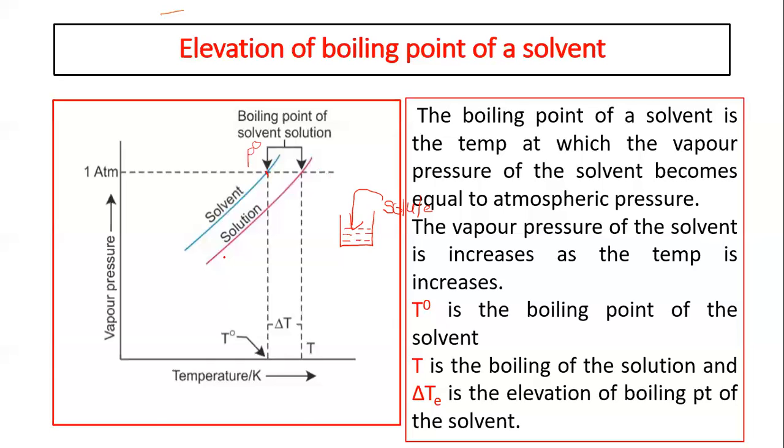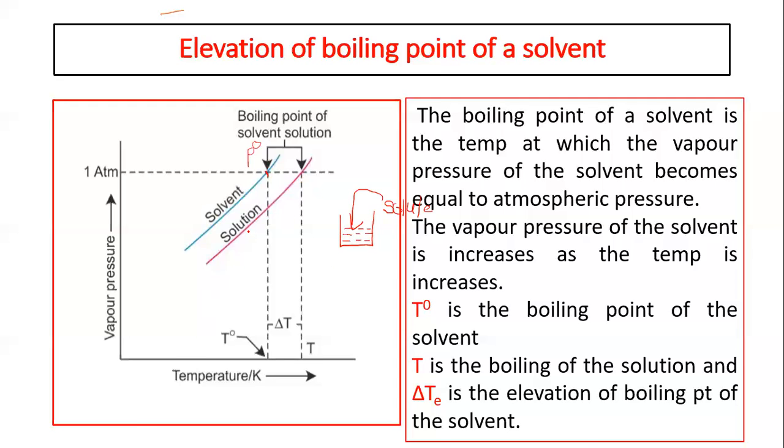So you can see here the second graph which shows variation of vapor pressure with temperature. As we increase the temperature, vapor pressure increases, but in this case, as a non-volatile solute is added into the solvent, the vapor pressure initially gets lowered.